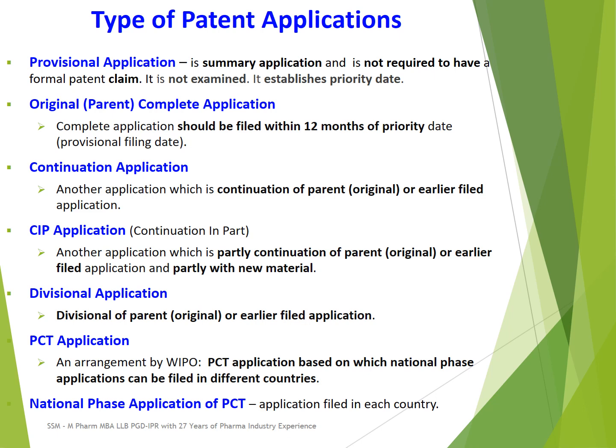Now the applicant gets 30 months to file applications abroad. He need not run on the same day to file applications abroad in all countries. This solution is provided by WIPO. You file an application in your home country, you get 30 months, and in 30 months you can file applications abroad. So that is the PCT application.